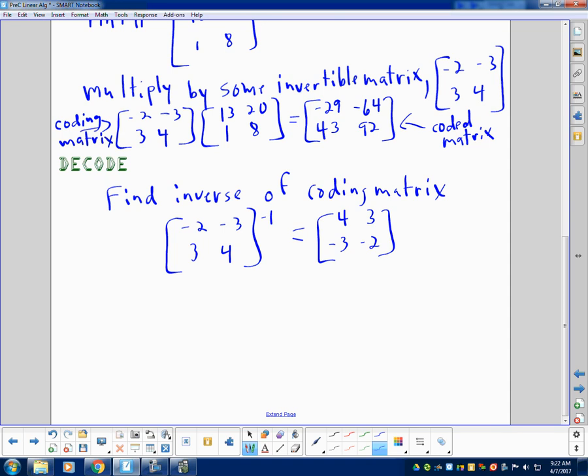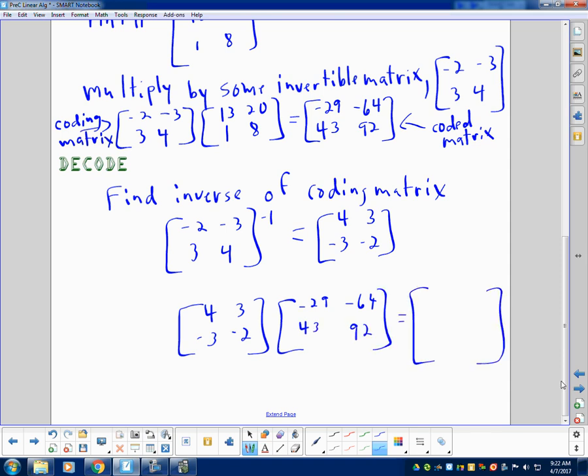So we take the 4, 3, -3, -2, multiply that by the -29, -64, 43, 92, and that decodes it. So the inverse will decode it.